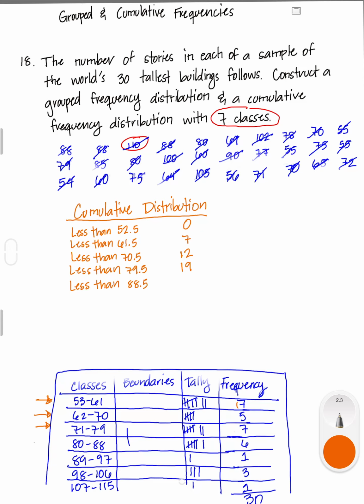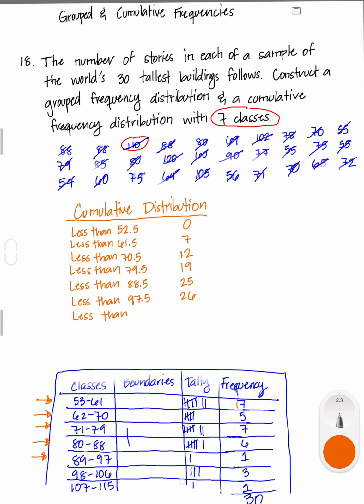So that'll be 6 more, right? So 19 plus 6, that'll be 25. And then we go to the next class boundary. So less than 97.5. So we add a 1, so that'll be 26.